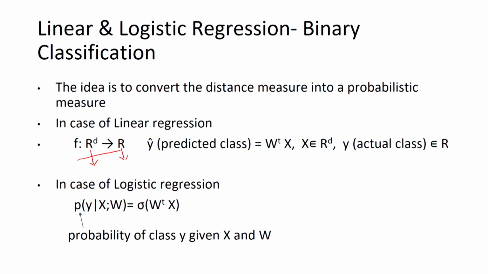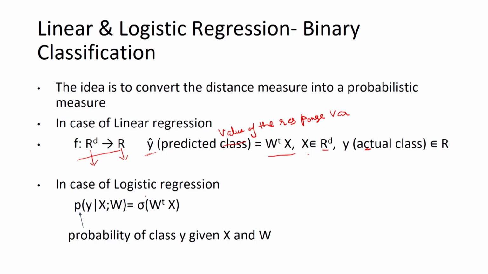So, your predicted value of the response variable, which we have already seen, is W transpose x, where x belongs to this d-dimensional data set, and y is the actual class.